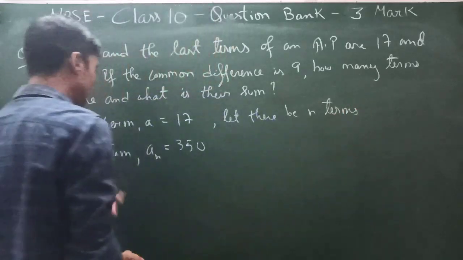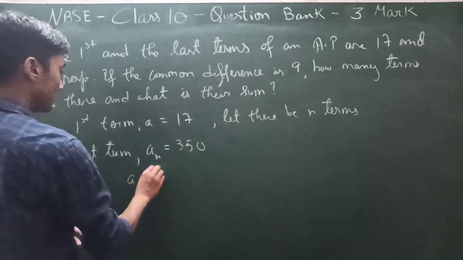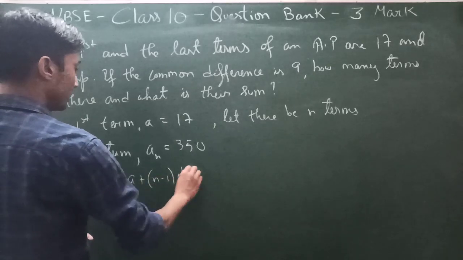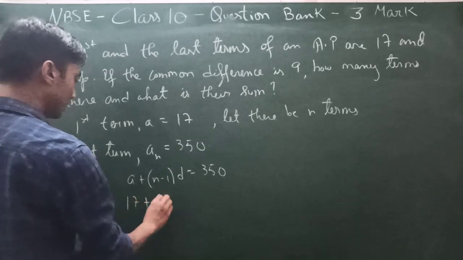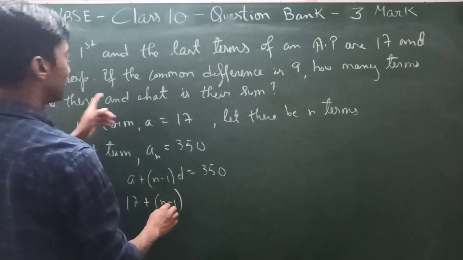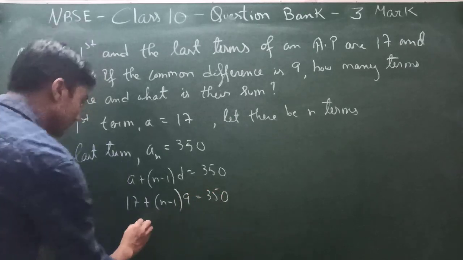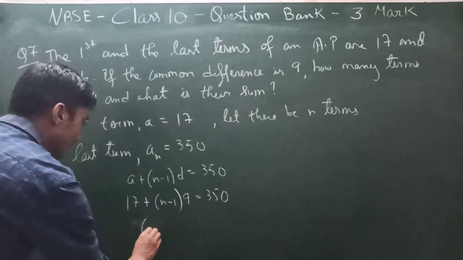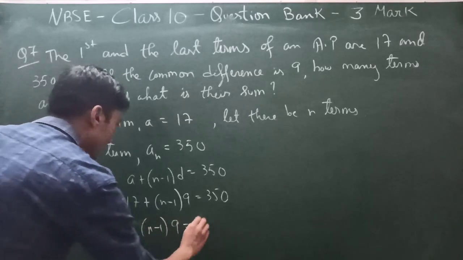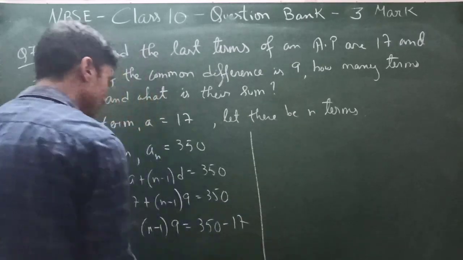N terms means the last term is the nth term, which will be 350. So a plus n minus 1 d is equal to 350. The first term is already given to us, 17, n minus 1, common difference given 9, is equal to 350. Simplification and all, we can do it in our own ways, so that you can see how you can do.